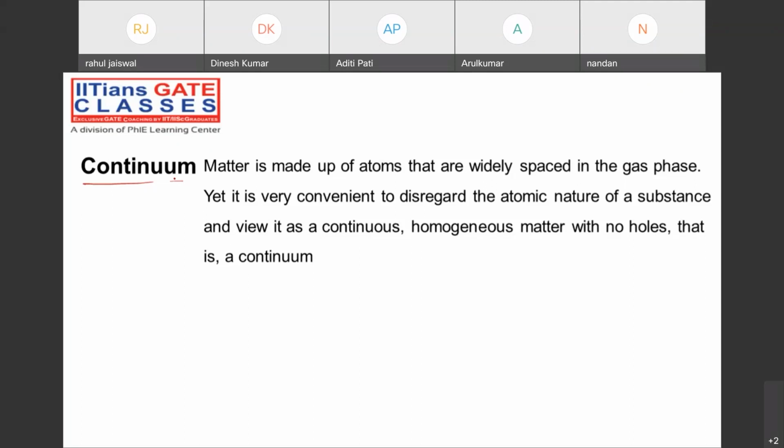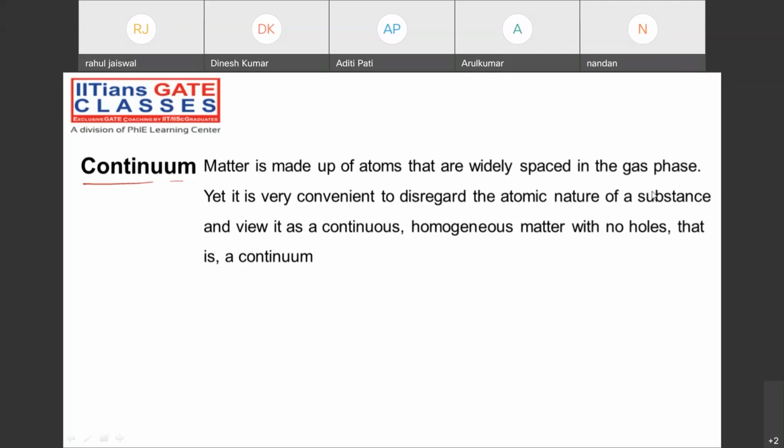So basically, the concept of continuum is saying that the matter is made up of so many atoms, and the atoms are widely spaced in the gas phase, yet it is very convenient to disregard the atomic nature of the substance and view it as continuous or homogeneous matter with no holes.